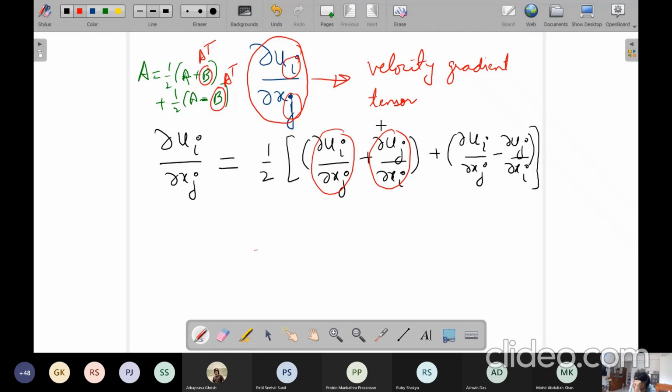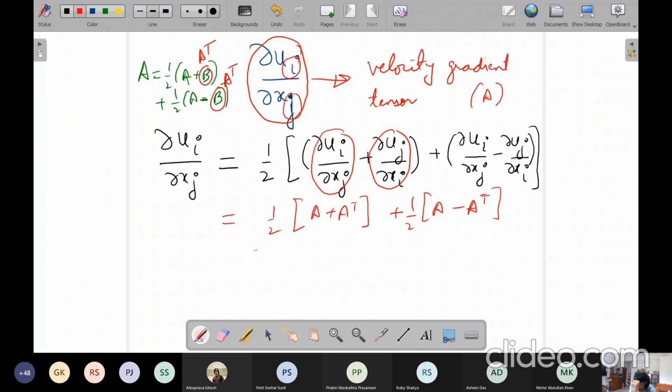So if you call this velocity gradient tensor, if you just give it a name, say A, then this is half of A plus A transpose plus half of A minus A transpose.